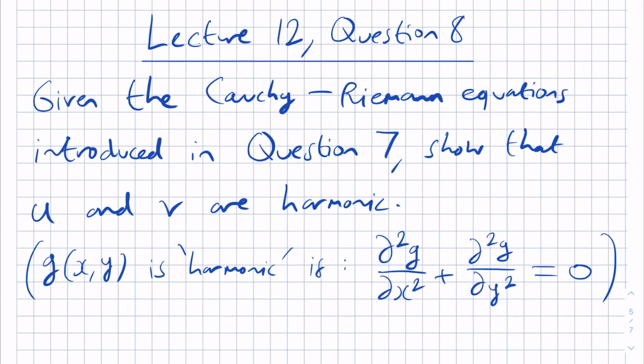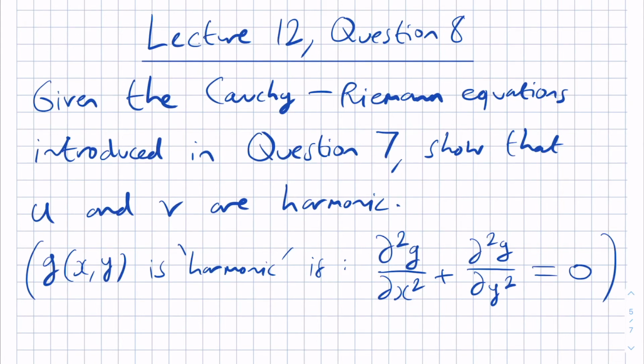It says that a function g of xy is harmonic if we have this condition here for g. We differentiate g twice in x and twice in y, add them together and get 0.